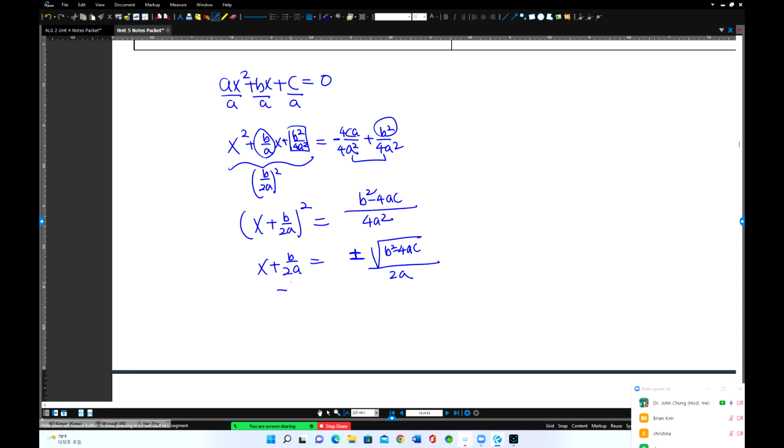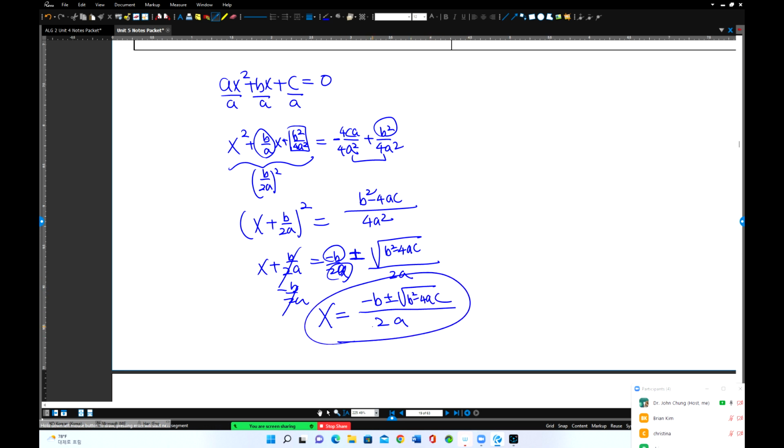So after that, you minus b over 2a, minus b over 2a, okay? So the value of x equals how much? Common denominator 2a, 2a, so I'm going to put them together. Numerator, what is that? Negative b plus or minus square root of b squared minus 4 times ac. This is the quadratic formula, okay? Actually the quadratic formula comes from here. Completing the square, okay? This looks like the quadratic formula, okay?